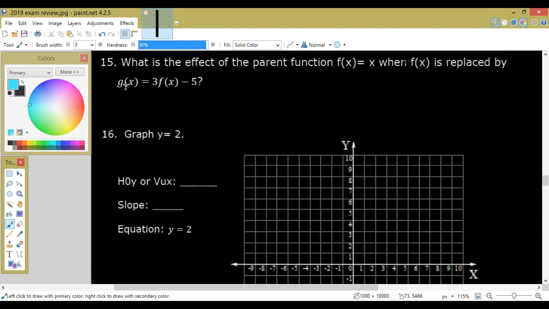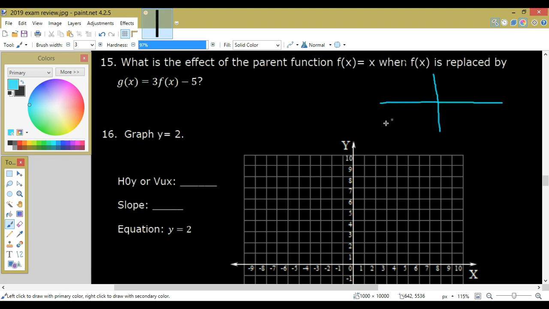15. What is the effect of the parent function f of x equals x when f of x is replaced by g of x equals 3 f of x minus 5? So since we know f of x equals x, we could graph that.